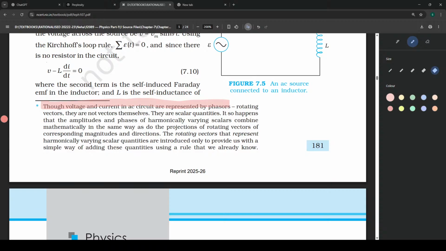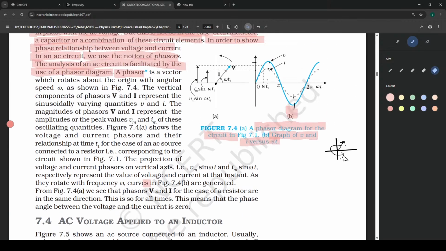It is harmonically varying scalars which seem to mathematically combine in the same way as rotating vectors do. So this is just for mathematical ease that we represent them as vectors, but they are still scalars. That's what they're trying to say.